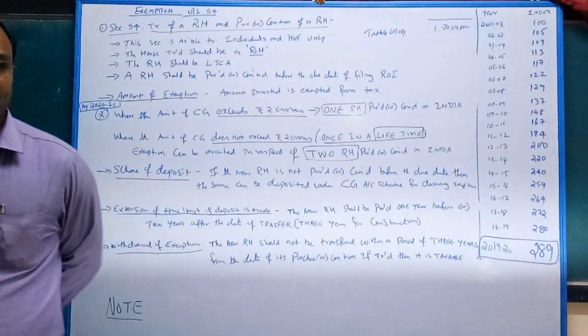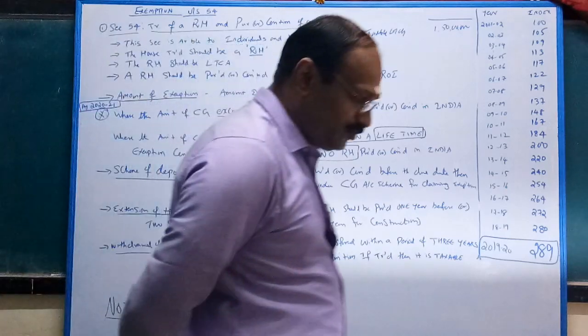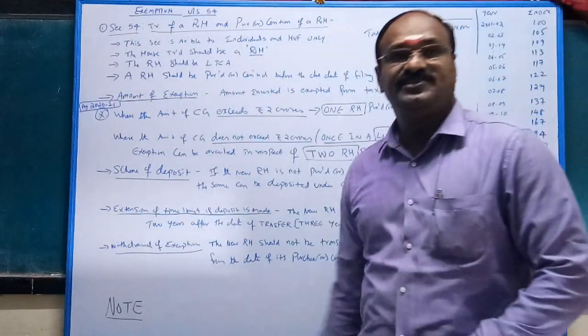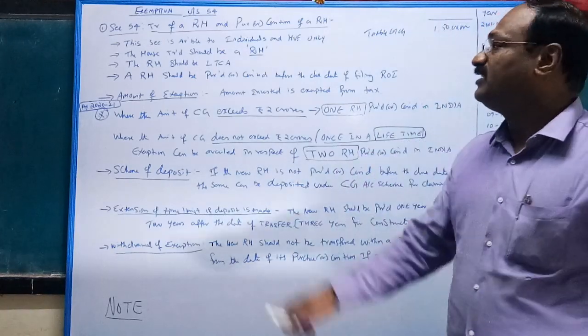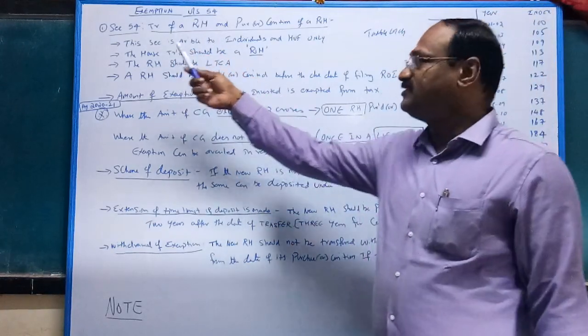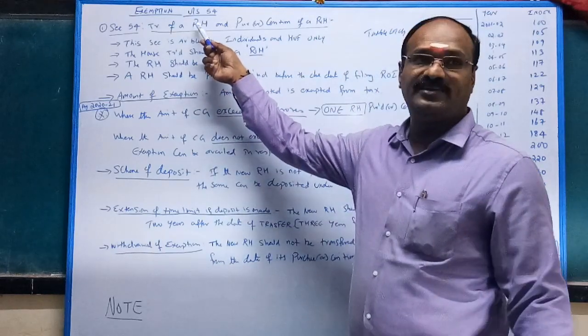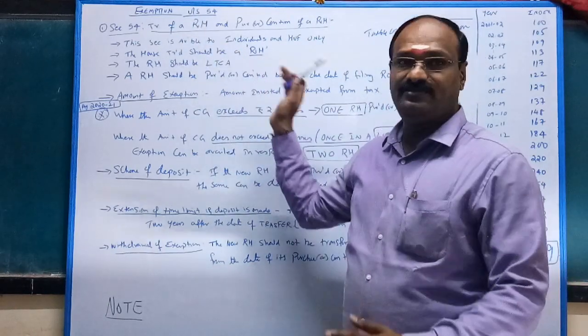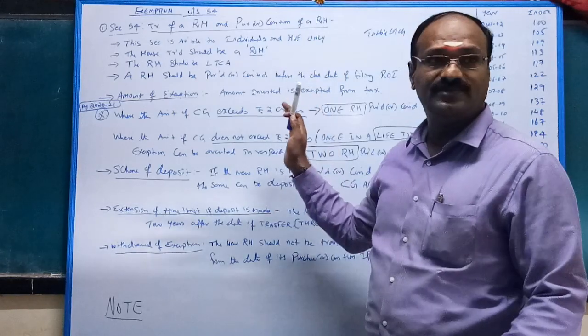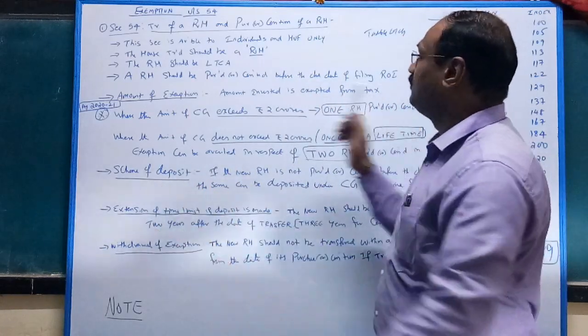So in order to avoid tax, you can invest or you can purchase another residential house. The provision says, listen carefully, section 54, transfer of residential house, RH stands for residential house. I have written it as a short form since the board is not enough to write in full.